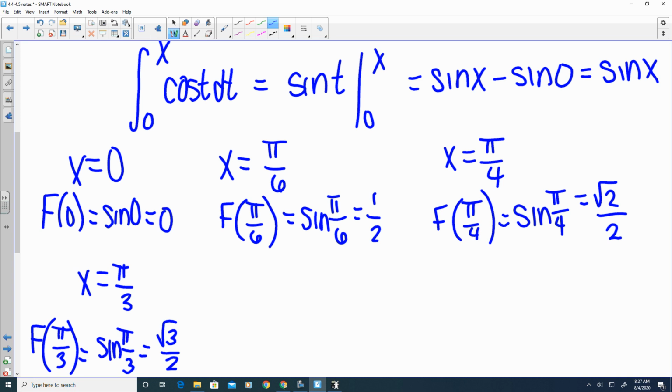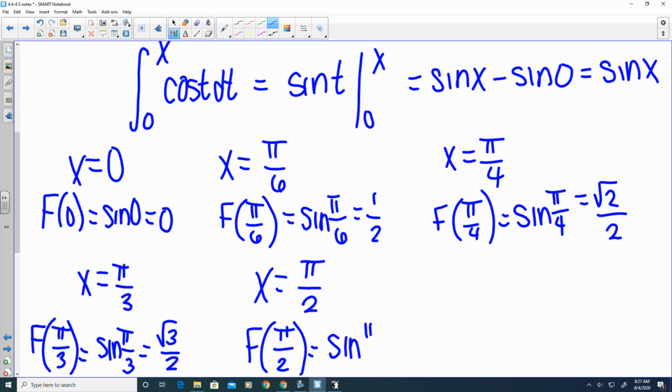And last one, pi over 2, the height or the sine value or the y value at pi over 2 is 1.